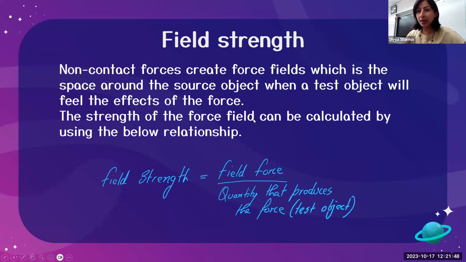The strength of the force field can be calculated by using the below relationship. The field strength for any force is equal to the force divided by the quantity that produces the force. Like in the case of electrostatic force, the electrostatic force is produced by the charges. So the electrostatic field strength will be equal to electrostatic force divided by the test charge.